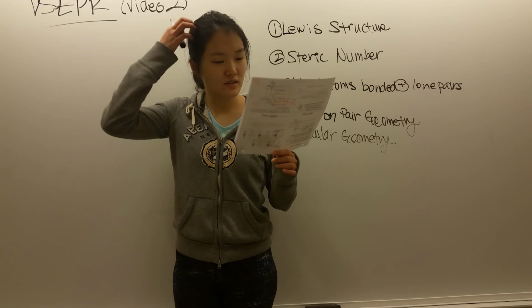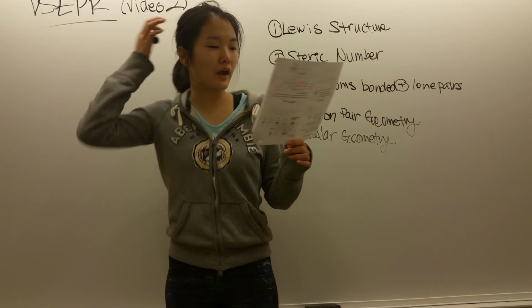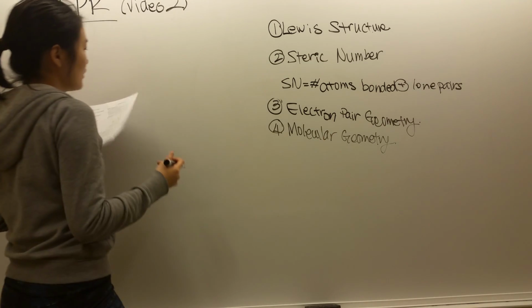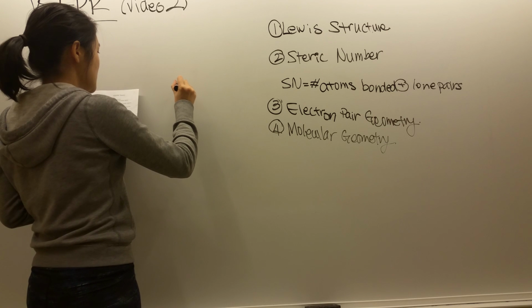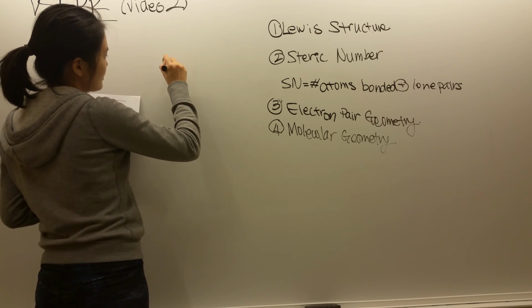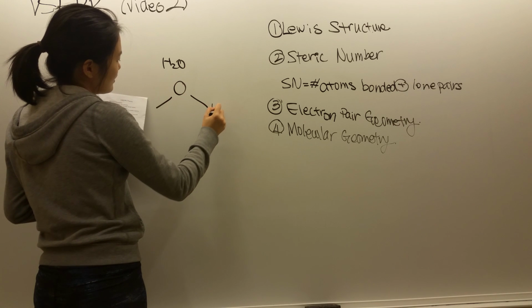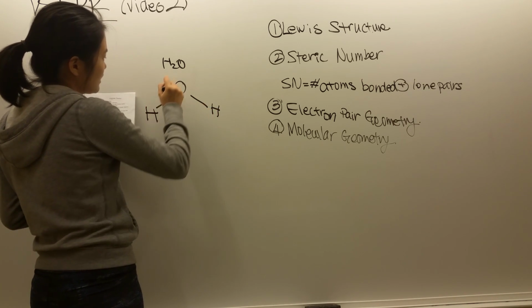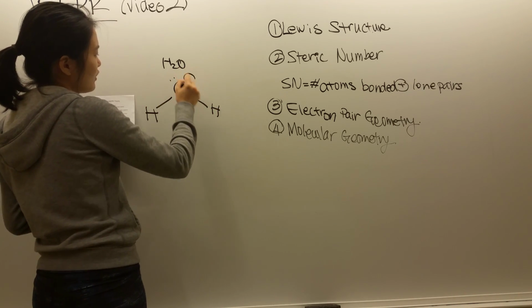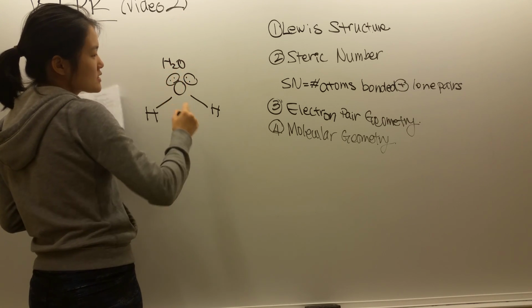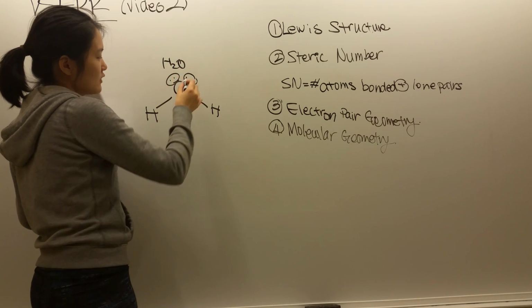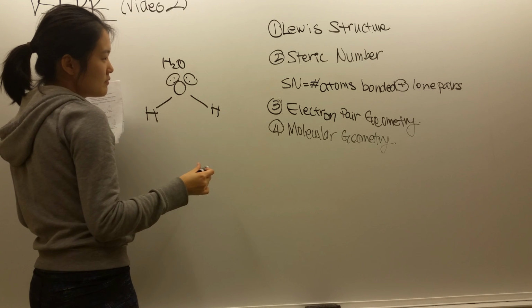There's an example in my packet for H2O, which is a bent molecule. You have hydrogens here and 2 lone pairs. So the steric number is technically 1, 2, 3, 4, right?